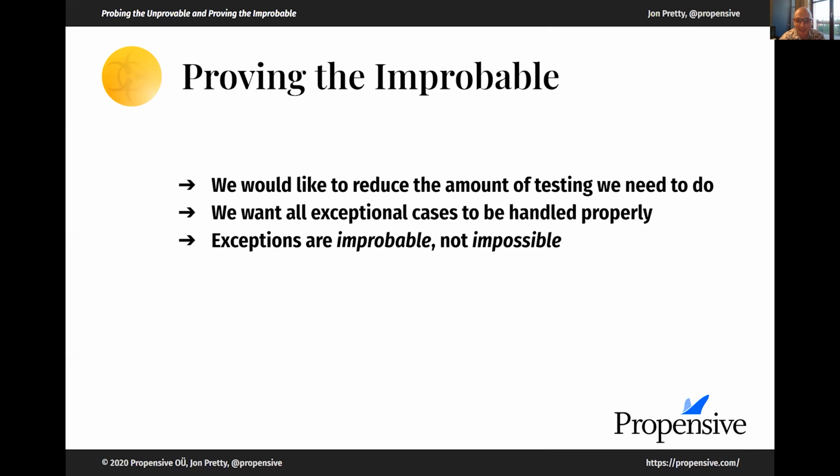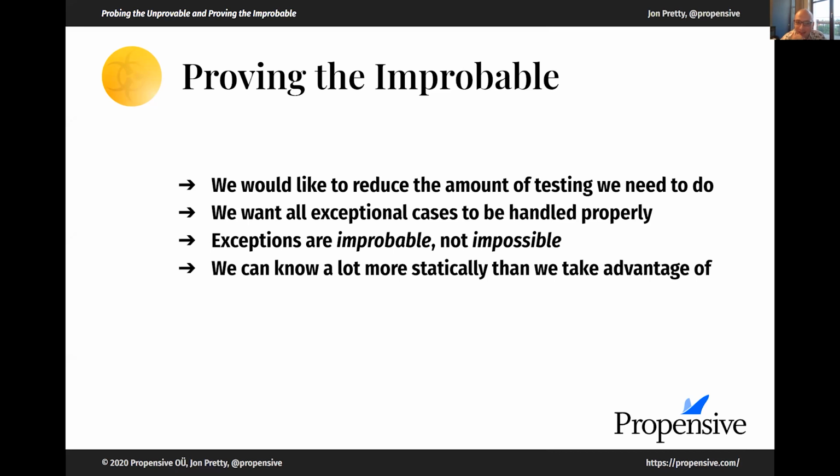And exceptions, these are our runtime failures. They are improbable, by which I mean they're not your happy path. Your happy path generally should be the most common route through your code, but they're certainly not impossible.